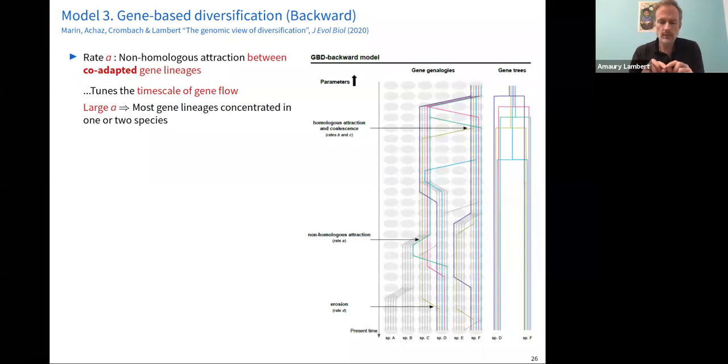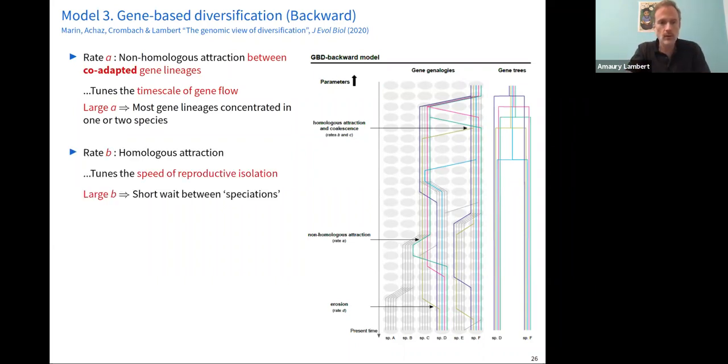And so we assume that each gene lineage is attracted by all the other lineages in the system that are co-adapted with it, at rate A. And this tunes the time scale of gene flow, because when A is large, all the gene lineages that are co-adapted will be attracted together, and all the genes will be sorted into just a few species containing many genes.